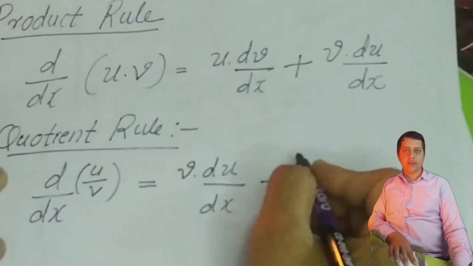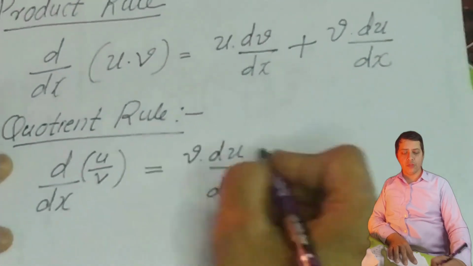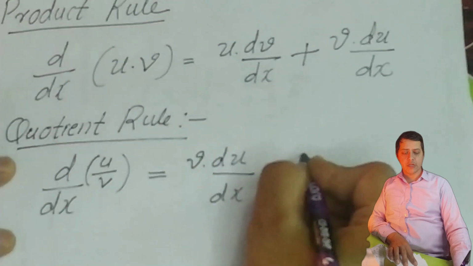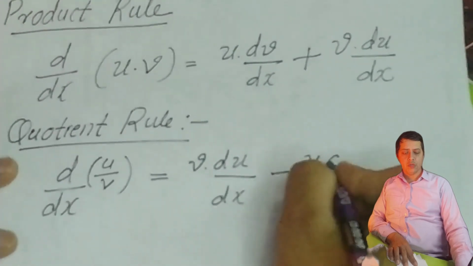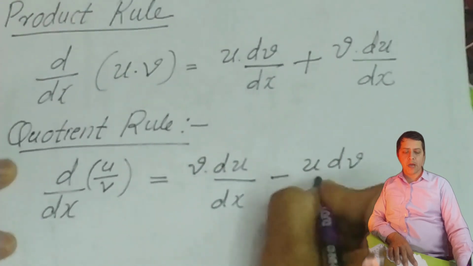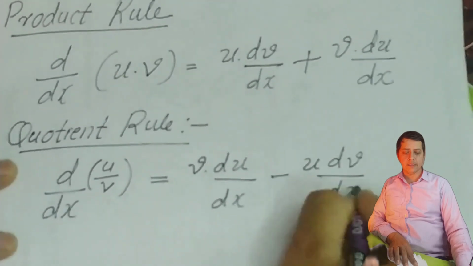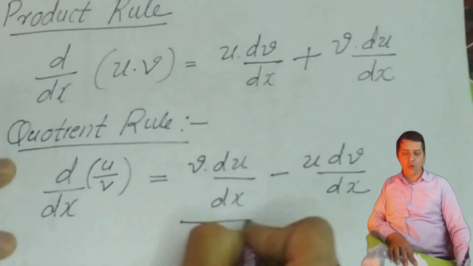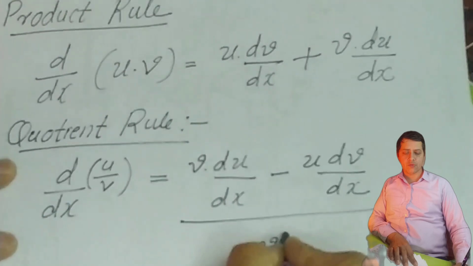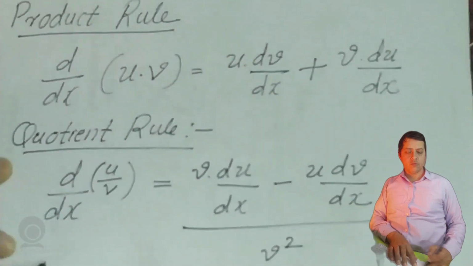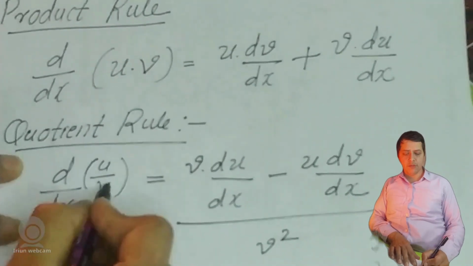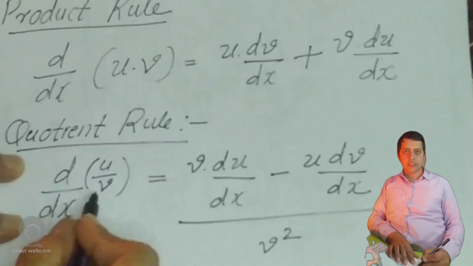Now we started with v, now we start with u dv by dx, whole over v square, the one which is at the bottom gets squared.